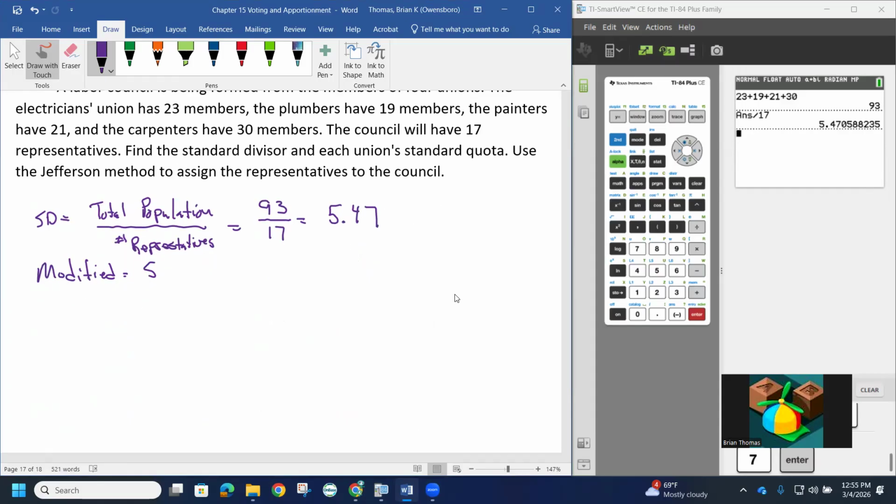So now we do our quotas for each union. We had 23 electricians, and we divide that by 5. That gives us 4.6. But since we always round down, that turns into 4 for the electricians.